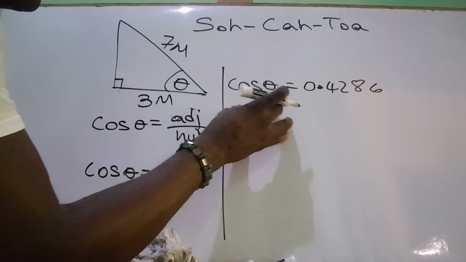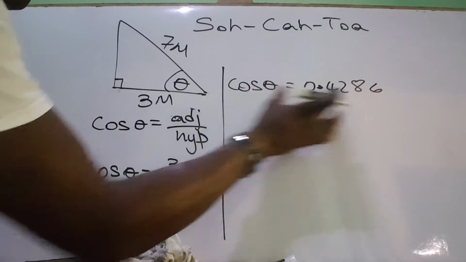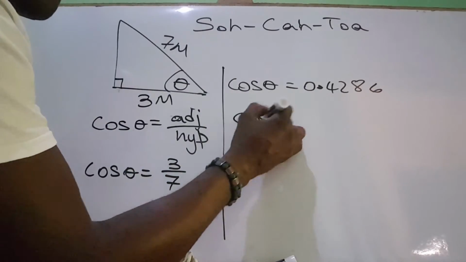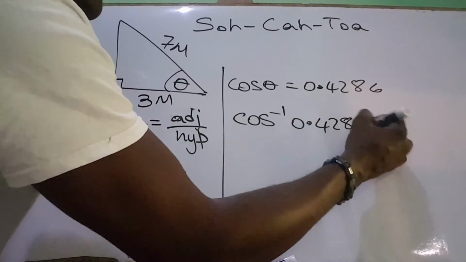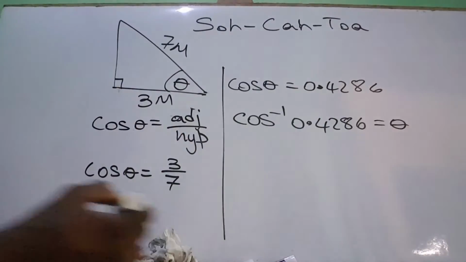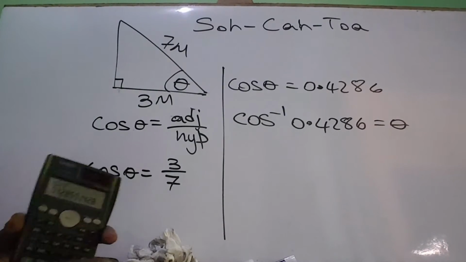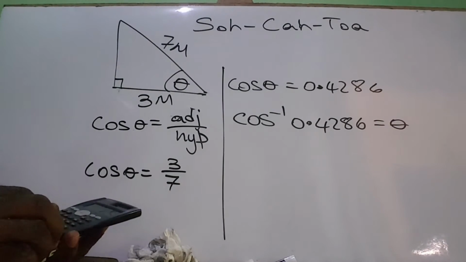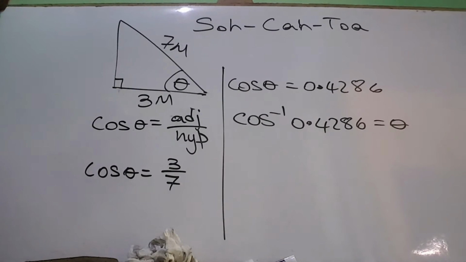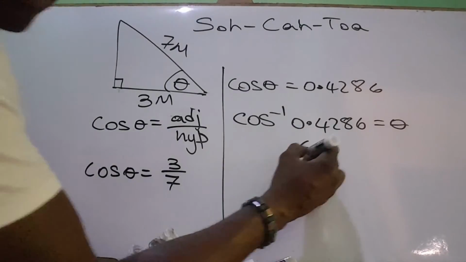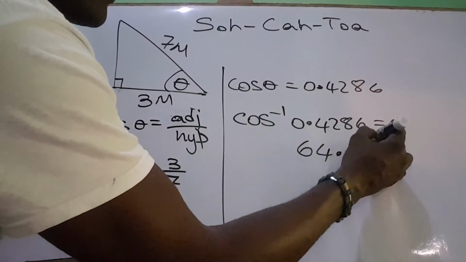We need to use our calculators to get the inverse of this. So we are finding the cosine inverse of 0.4286, and it's going to give us that angle. So on our calculators, we could use the inverse cosine of 0.4286, and the angle to 1 decimal place is 64.6 degrees.